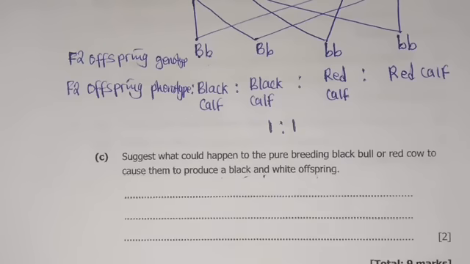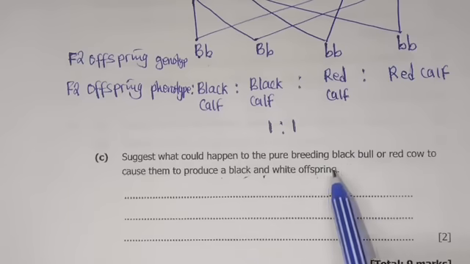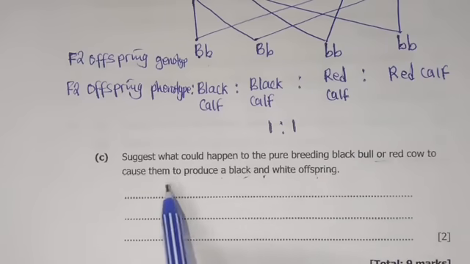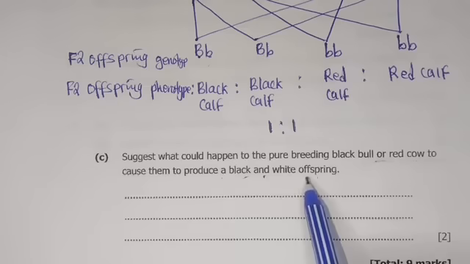So remember what I've said. These pure breeds, we call them, are organisms which are homozygous. So what would cause these pure breeding black bull or red cow to produce a black and white offspring?